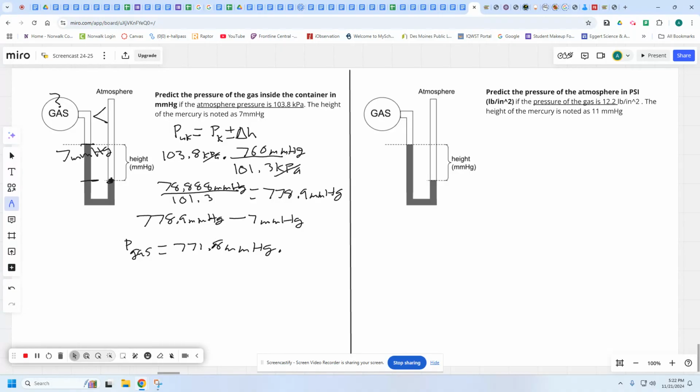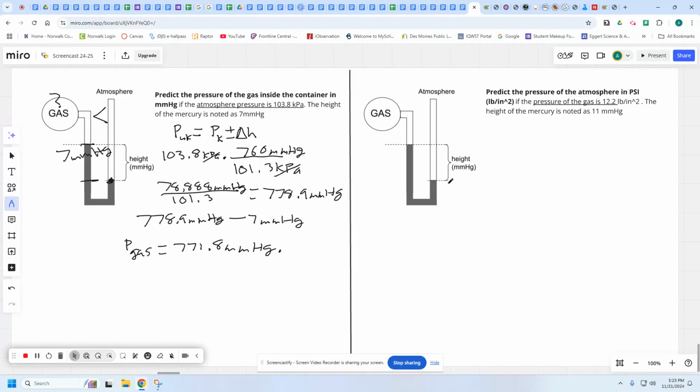The pressure of the gas is less than what we calculated for the atmospheric pressure, which matches up with the visual aid of the drawing. The gas cannot compete with the atmospheric pressure with the mercury being shoved up and lifted up and the weight held by the atmosphere. So it makes sense that the 771.8 millimeters of mercury is less than the atmospheric pressure given in the directions.